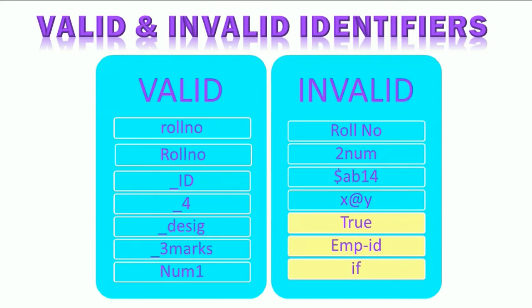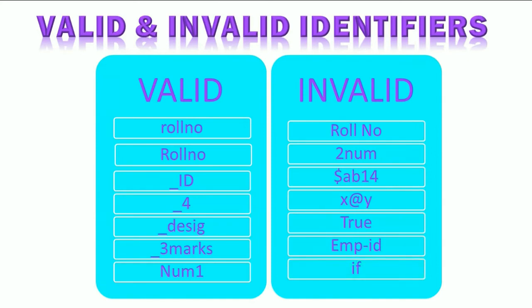Similarly, x@y has a special symbol that cannot be allowed. True is a keyword in Python, so it cannot be accepted as a valid identifier. EMP-ID, hyphen, again it's a special character which cannot be allowed. If is a keyword in Python, again it is an invalid identifier.